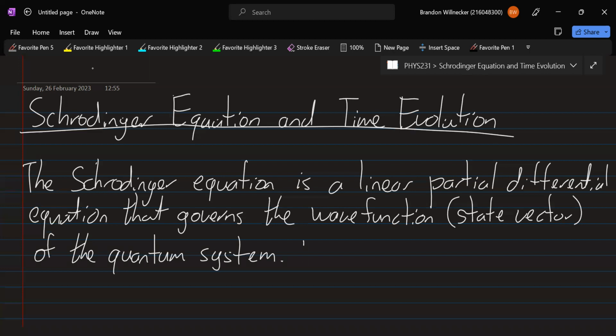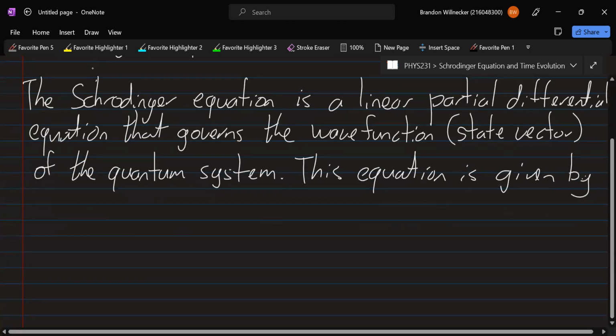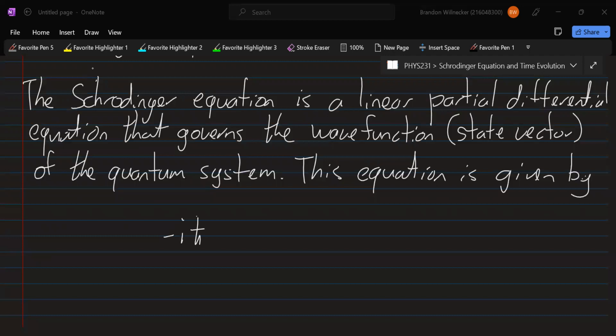So this is the state vector, as we had it before, from the Hilbert space of the quantum system. This equation is given by minus i h bar, where i is the unit complex number and h bar is just Planck's constant divided by 2 pi.